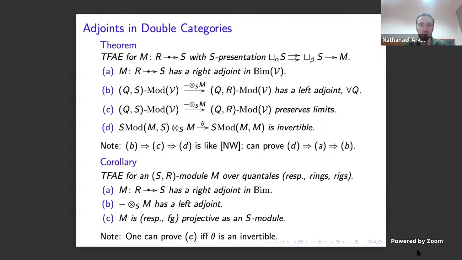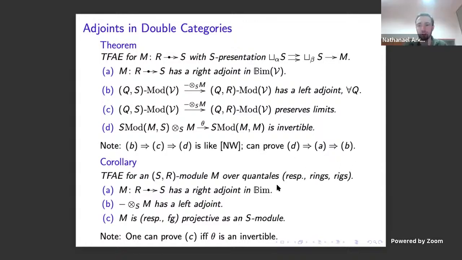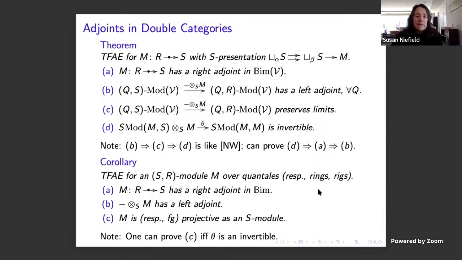In any case, I don't think that symmetry comes in. The reason that I put it in there is because of the applications to quantales, rings and rigs. I see. Because there's symmetry in V there. But I also don't know. Let me see if I can get back.